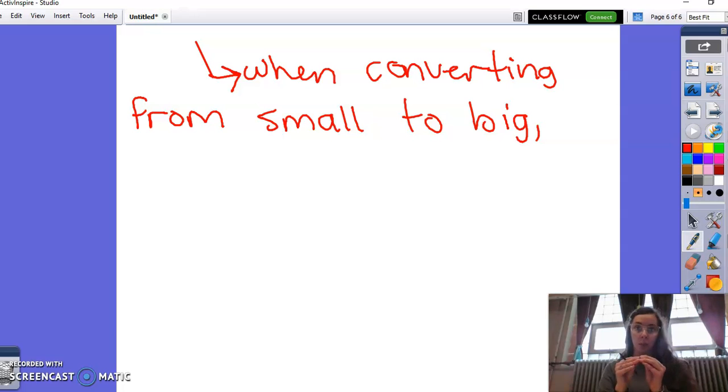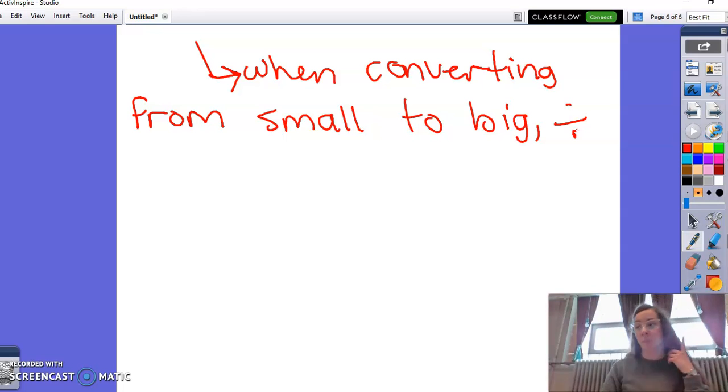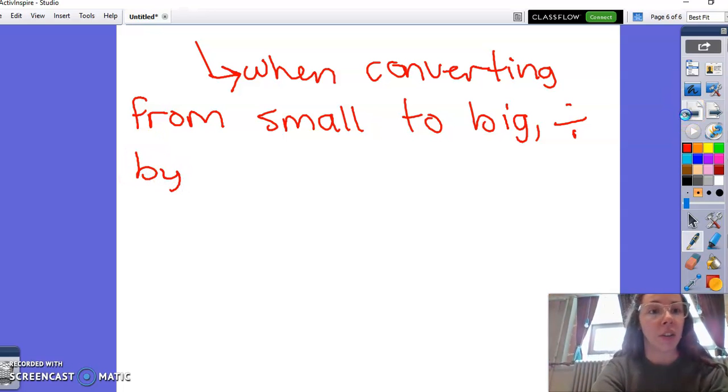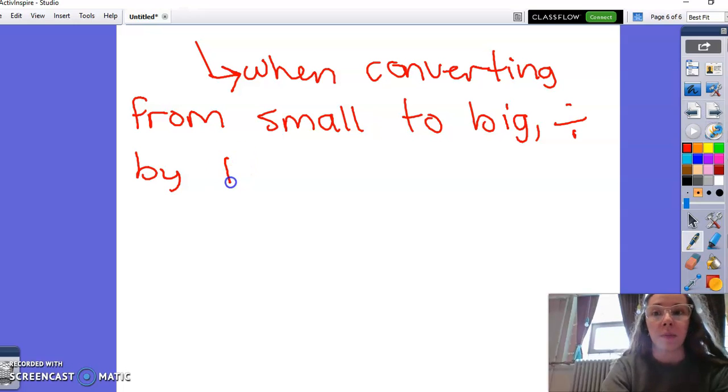When we multiply to get lots of littles, if we're going from small to big, what would we do instead? If you said divide, you were right. We divide, again, by the base number of the smaller unit.